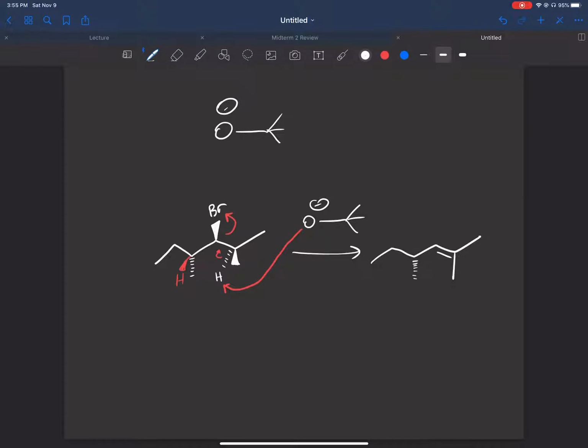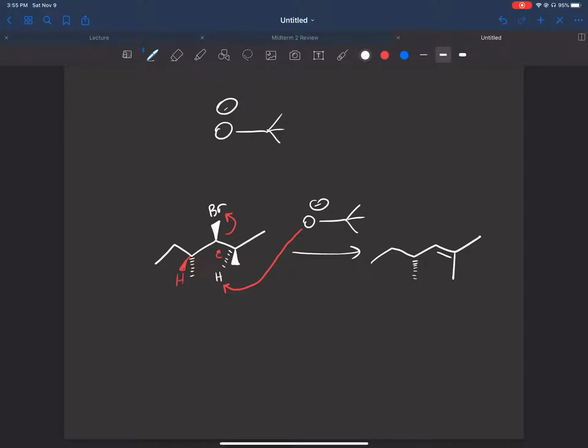All right, now, like I said before, in E2, the rule that we grab the hydrogen that's opposite stereochemistry cannot be broken. So if they give you a situation where they reacted with tert-butoxide, and the hydrogen that you have to take to form the least substituted double bond is the same stereochemistry as the bromine, we cannot take it.